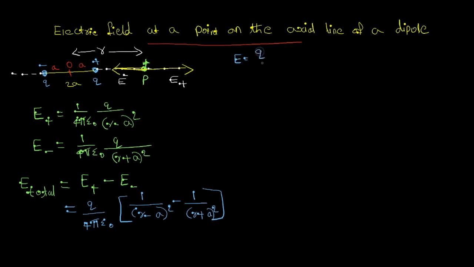Q divided by 4 pi epsilon 0. When we cross multiply this, we get (r plus a) the whole square minus (r minus a) the whole square, divided by (r plus a) the whole square into (r minus a) the whole square.